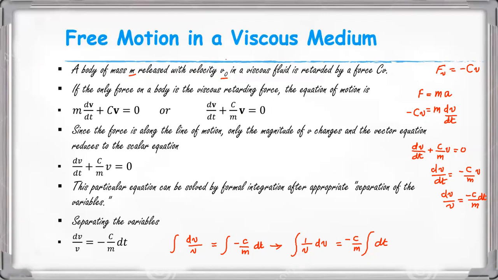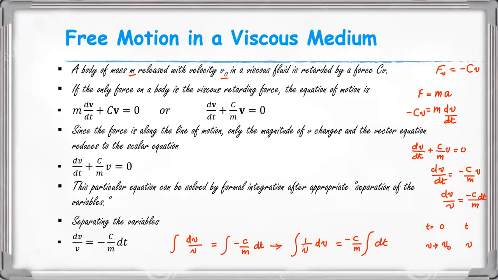When we started the discussion, we took the initial time t equal to 0, and we integrate up to t equal to t. In such an interval, the initial velocity is v0, as mentioned in the statement, and the final velocity is taken as v.